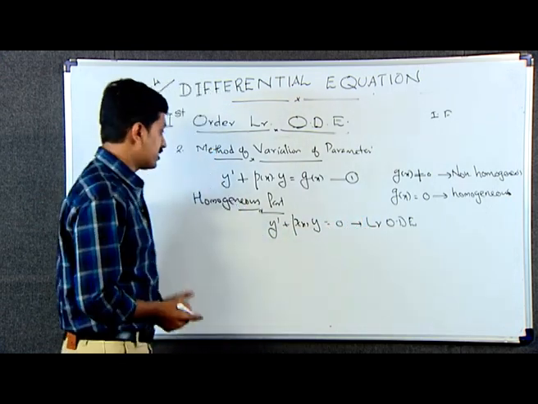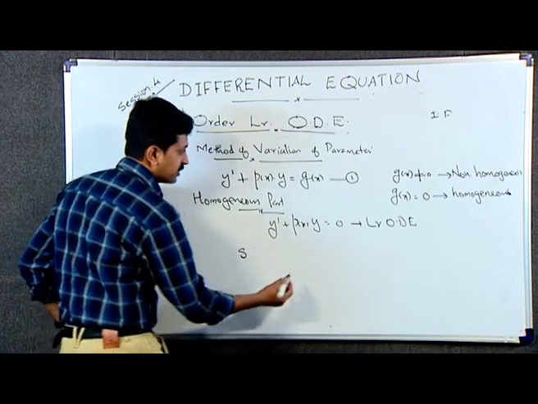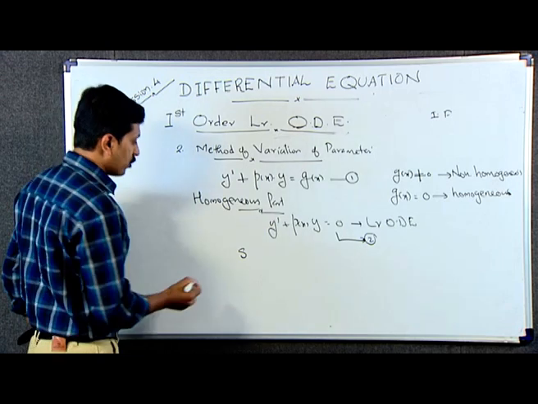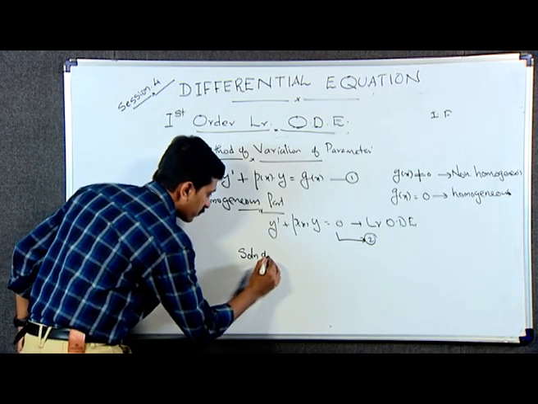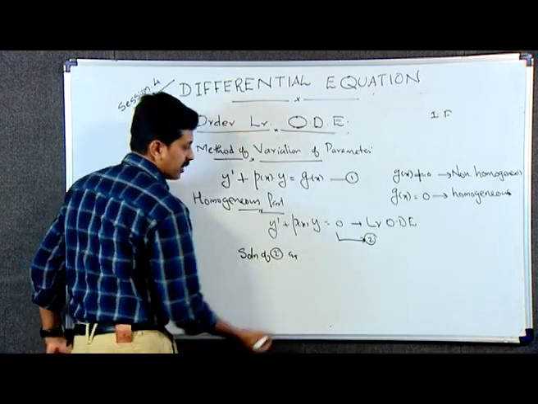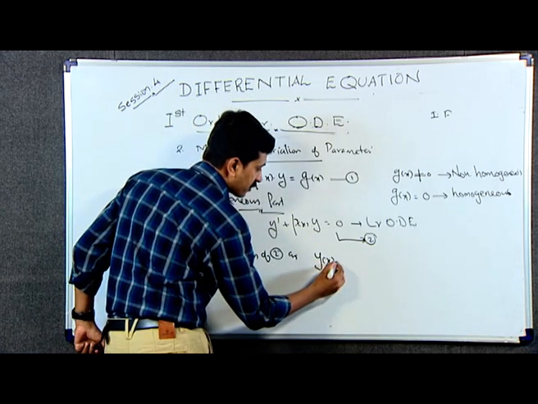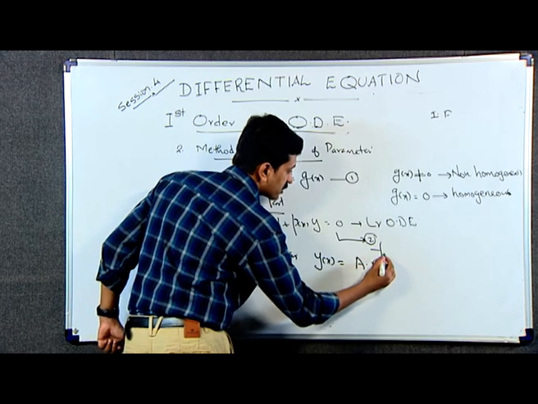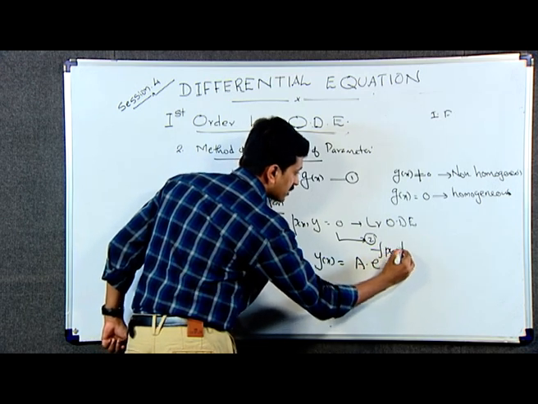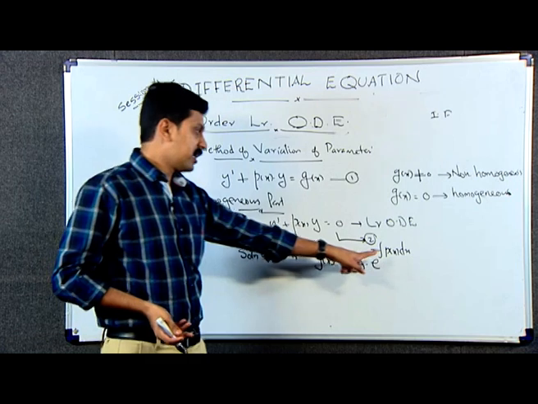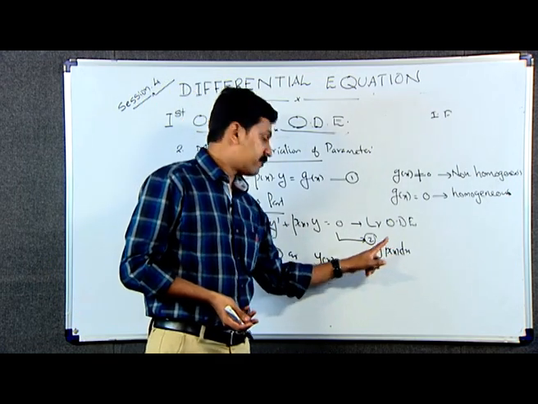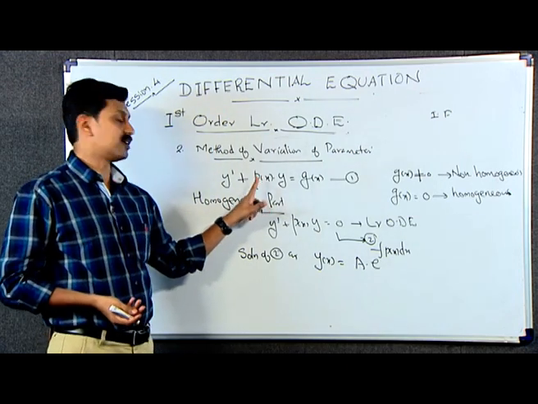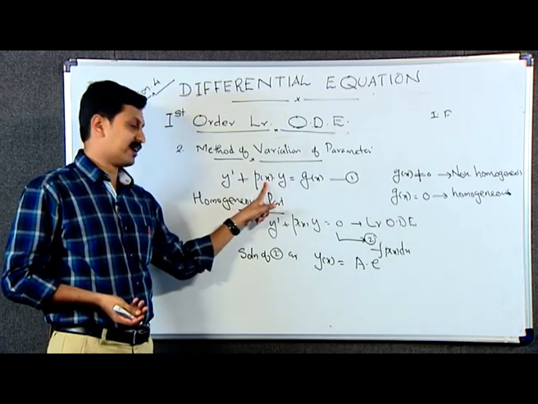We treat the solution of this differential equation as the homogeneous part, solution of 2, as y is equal to y of x is equal to a into e raised to minus integral of p of x dx, where p of x is, as we used in finding the integrating factor, the coefficient function of y.